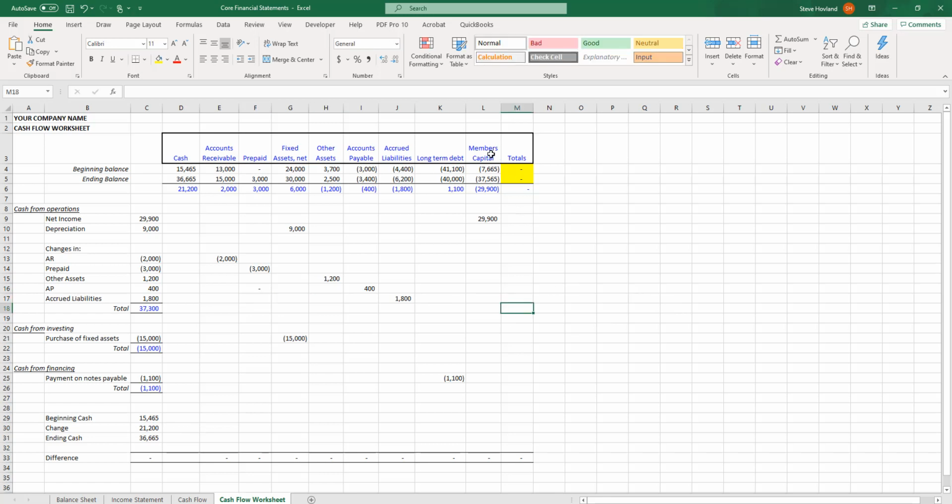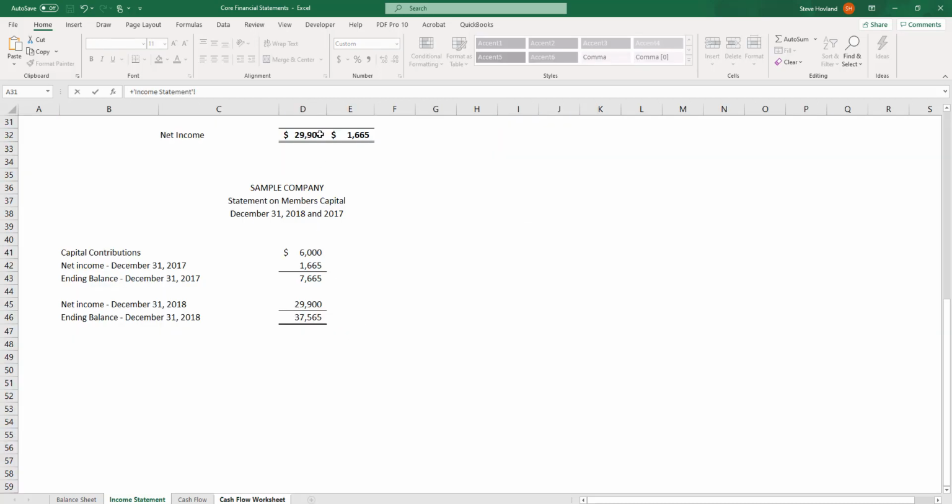So in this situation, here's the change in members capital. Well, I know my net income is going to be $29,900. We know that from the income statement. But let's say there was a distribution that happened, and so this balance really isn't $29,900. Let's say there was a distribution of $3,000. What this would do is show a total difference in here of 3,000, and actually this should be coming from here.